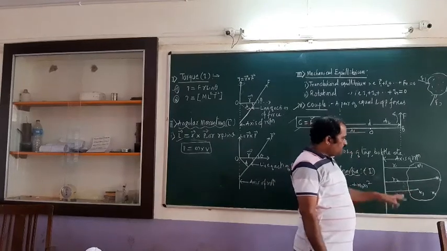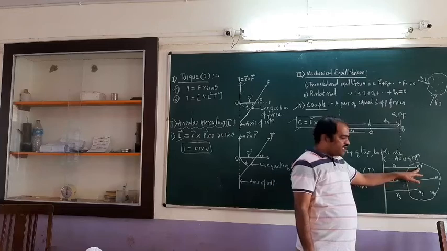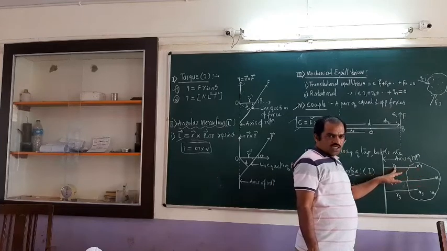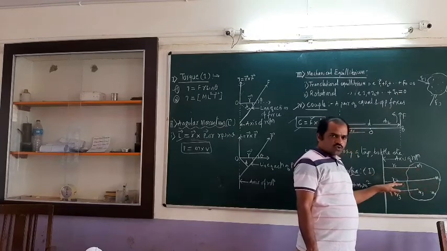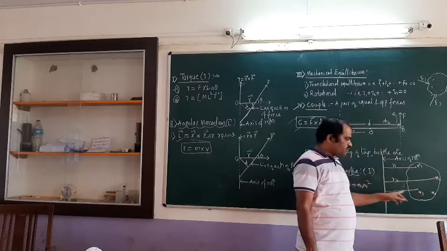The moment of inertia of the particle m1 is m1 into r1 square. Similarly m2 r2 square, the mass of this particle and the square of its distance from the axis of rotation.